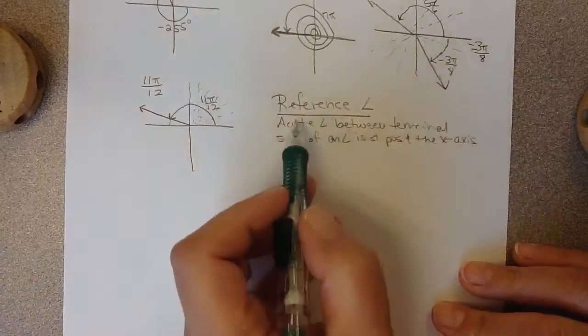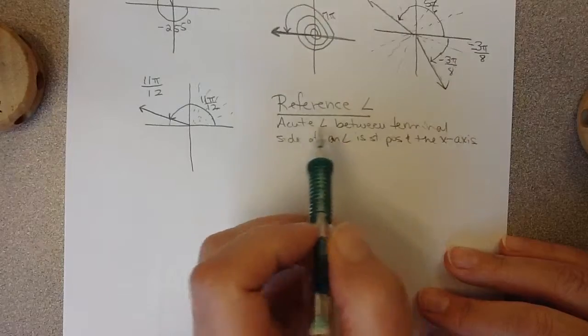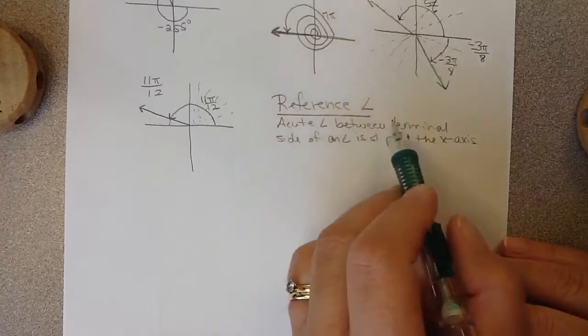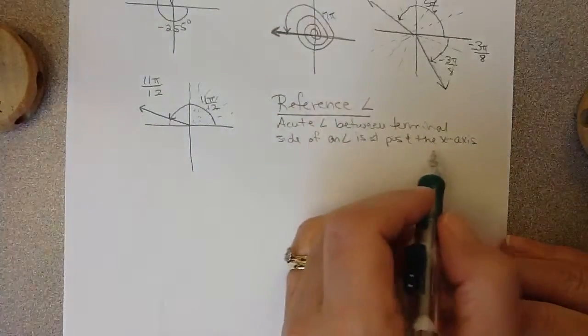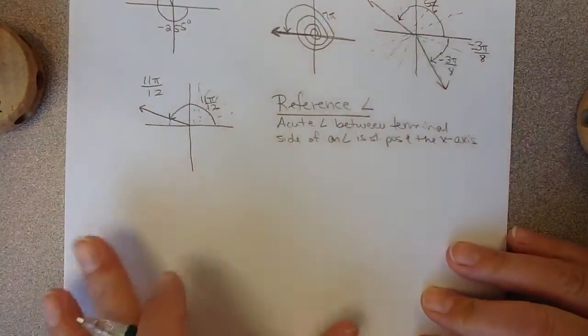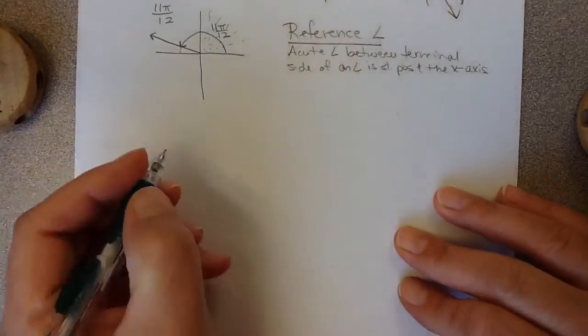So first thing we know is it has to be smaller than 90. Second thing is it has to be between the terminal side, that's where an angle stops, and the x-axis. So what does that look like?